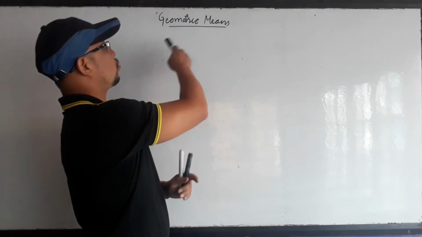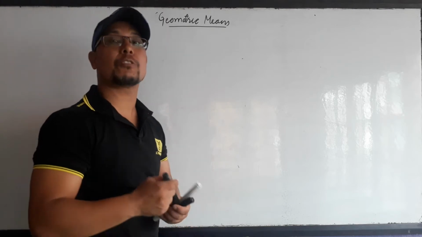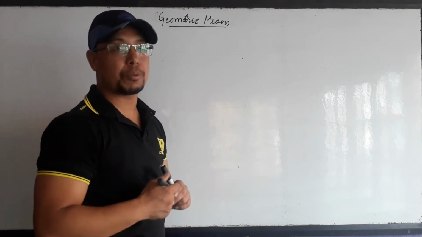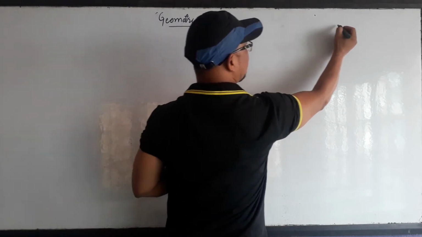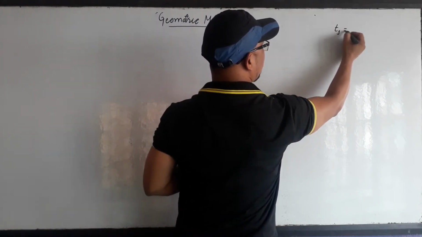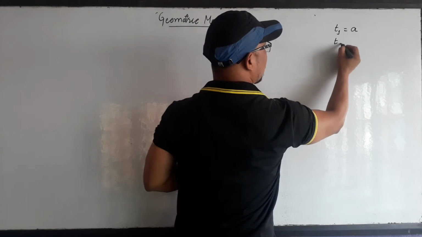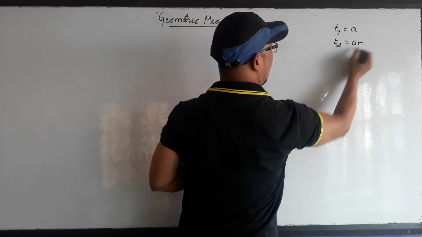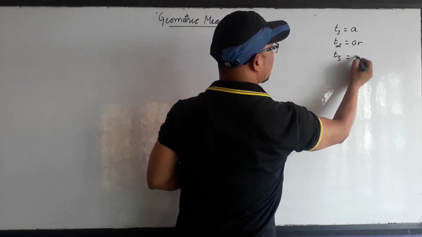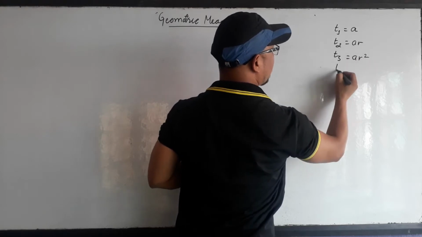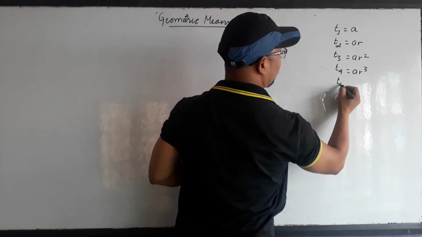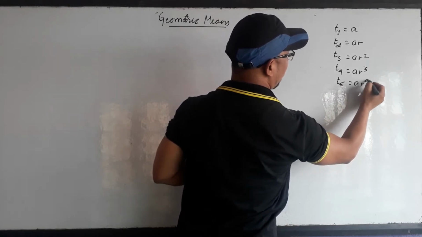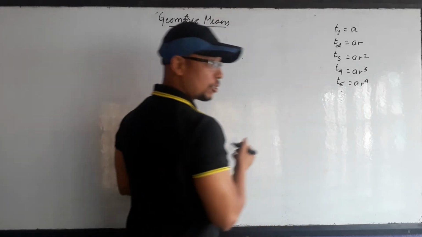Before starting the geometric mean, first let me write the formula we derived in our previous lecture. Okay, this is very important. The first term is A, the second term is A into R, the third term is A into R square, the fourth term is A into R cube, the fifth term is A into R to the power 4, and so on.